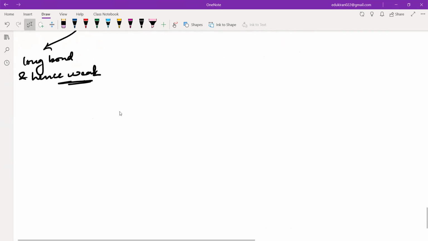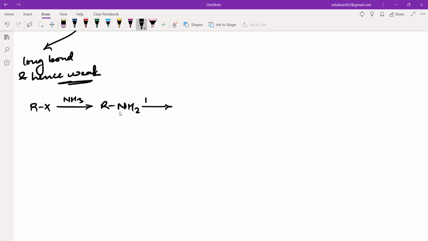Now see what happened. You have simple RX, and you treat this with NH3, you get RNH2. But the reaction will not stop here. There will always be some ammonia present, which will react with this RNH2 and prepare a 2-degree amine, RNHR.